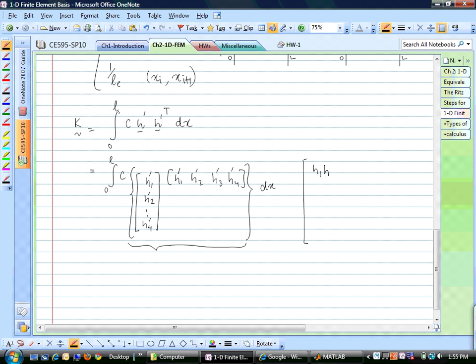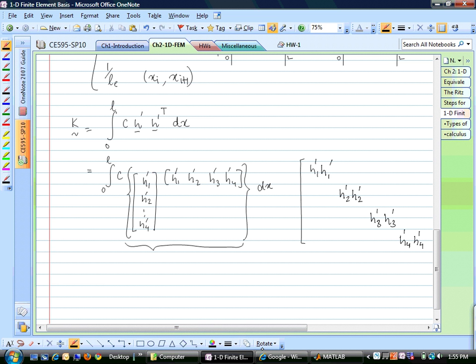So what we will have is H1 prime on the diagonal, H2 prime on the diagonal, H3 prime on the diagonal, H4 prime on the diagonal. Okay, and the reason I'm doing this is so that you can see what terms you actually need to calculate in 1 dimension, and this will be true for 2 dimensions and 3 dimensions also.